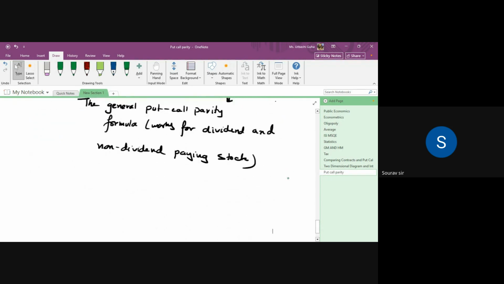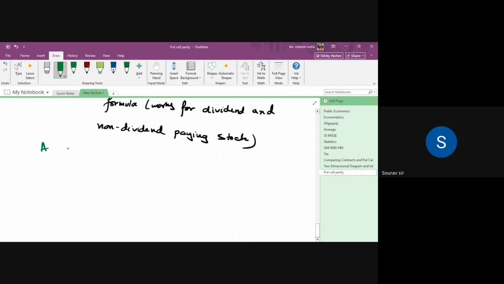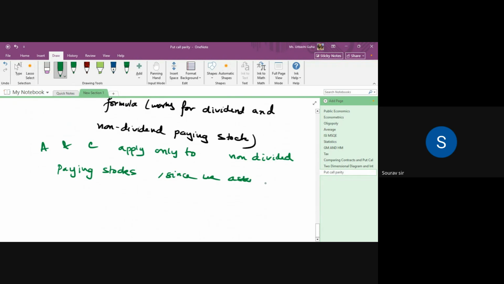So see, if you see the chart, A and C apply only to non-dividend paying stocks, since we assume the stock price just is not. Okay.